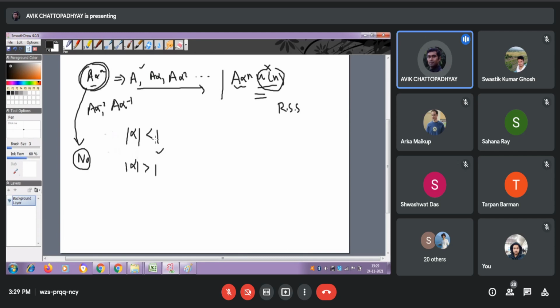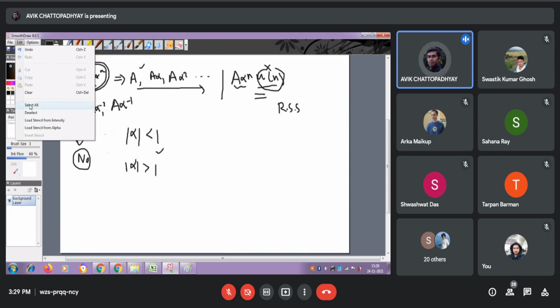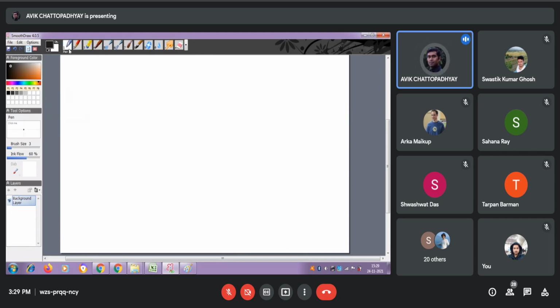Now, suppose we extend our discussion a bit further. Suppose we consider another important signal which we encounter quite often in practice, especially in communication, while transmitting different types of information. That is called a sinusoidal signal, cosine or sine.